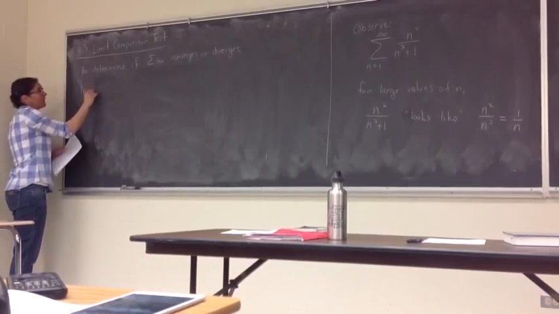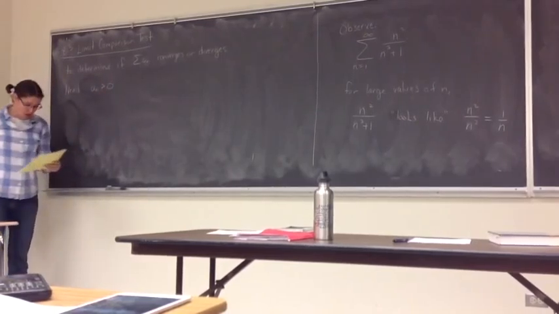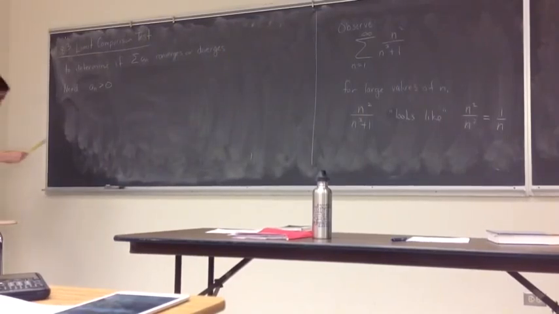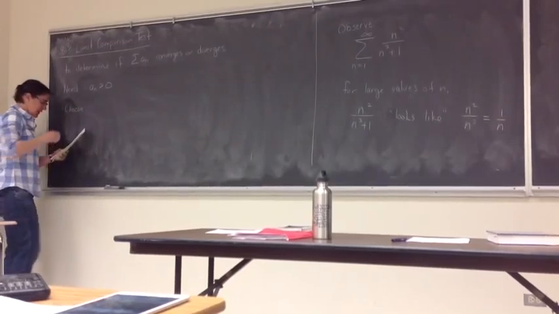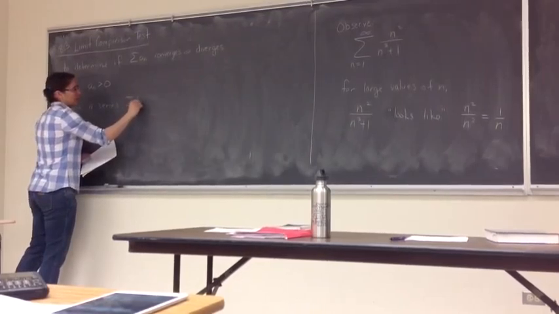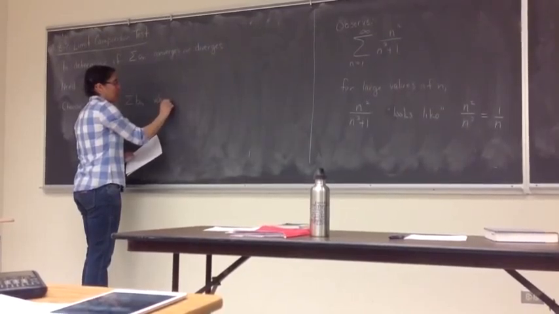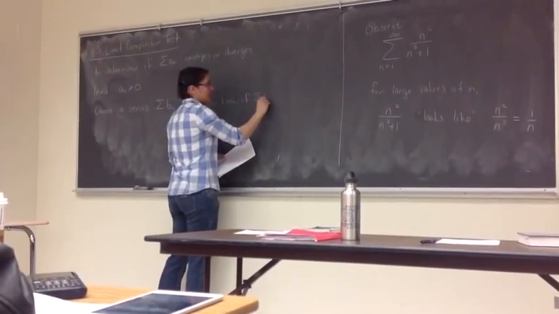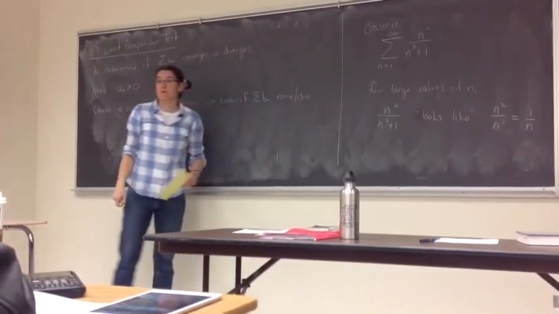Now, one requirement for the limit comparison test is that the terms are always greater than 0. What we're going to do is choose a series, which will be the sum of all the b_n's, where we know if the sum of all the b_n's converges or diverges.